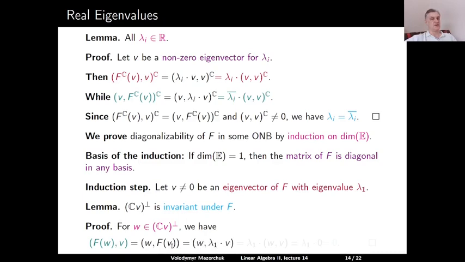But f of v is lambda 1 times v, since v was an eigenvector with eigenvalue lambda 1. So we have the scalar product between w and lambda 1 v. We can take lambda 1 out to get lambda 1 times the scalar product between w and v. And this is 0 because w is in the orthogonal complement to Rv. So this is lambda 1 times 0, which is 0. And this proves that the orthogonal complement to Rv is invariant under f.